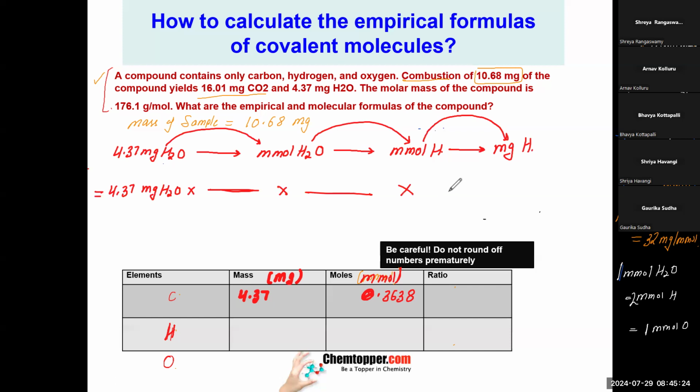Yes, please. What is the first ratio? Milligram of water to millimoles of water. Look at the periodic table. Check the molar mass of the water in milligrams. It's written here also.